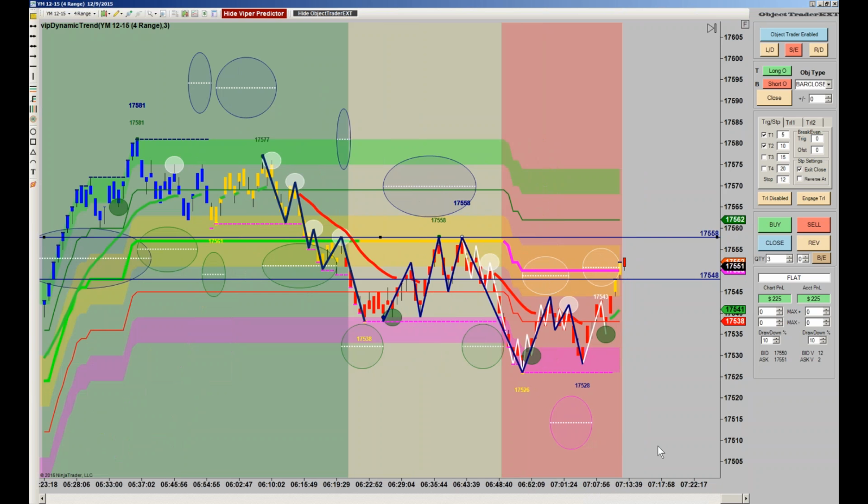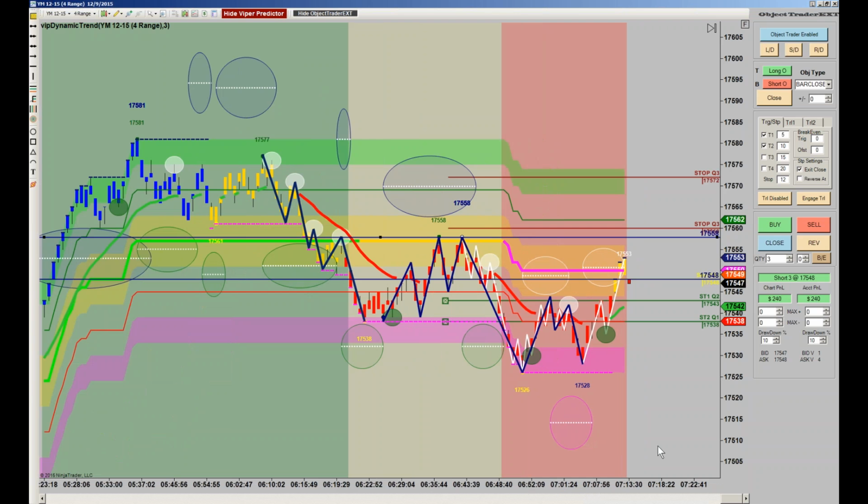Hadn't got it yet. Hadn't got a bar close. That looks like that's going to be it. You can tell by looking at the bar. When they push like that, they usually get it.